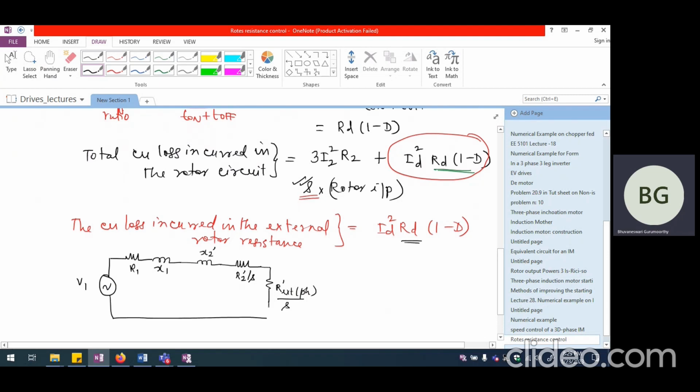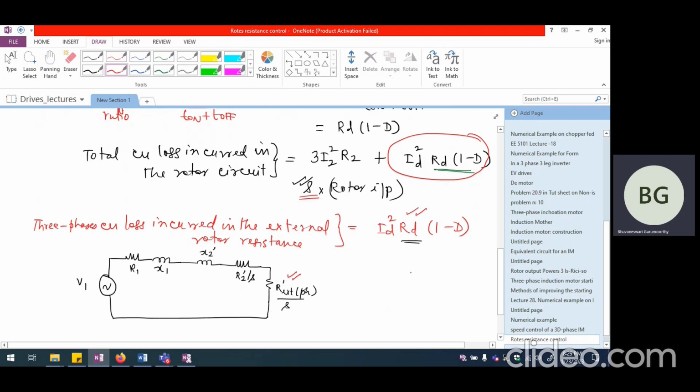Now what I want to calculate is what is this per phase equivalent resistance value? How will I get the equivalent resistance value from the original value of RD? That's what I want to know now. So this is the total copper loss incurred in the external rotor resistance, and this is corresponding to all the three phases of the induction motor, which has to be ultimately represented in the per phase format in this particular way.